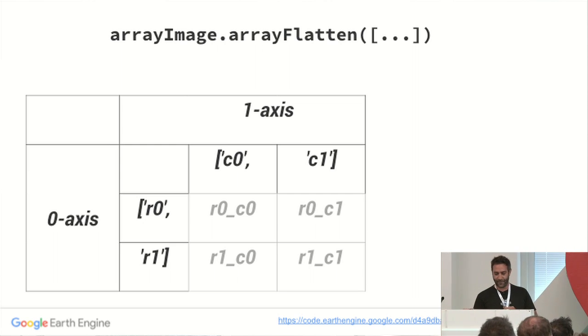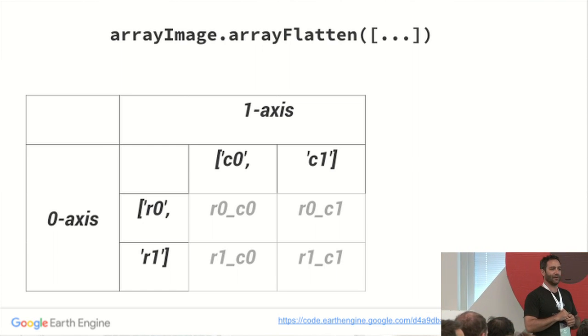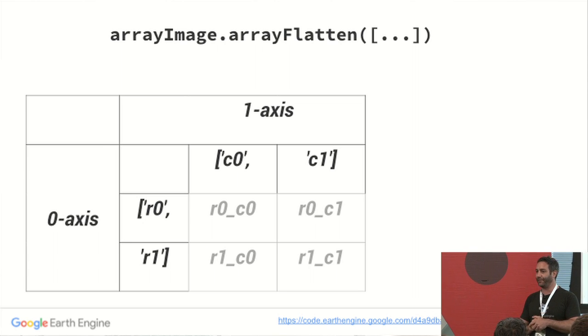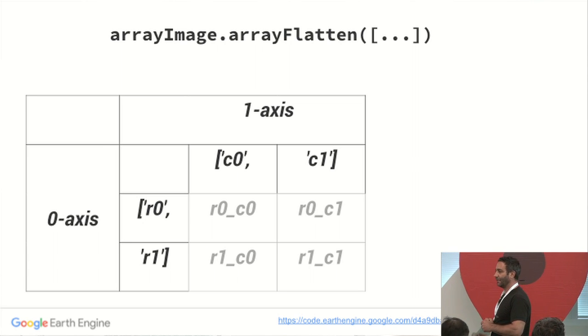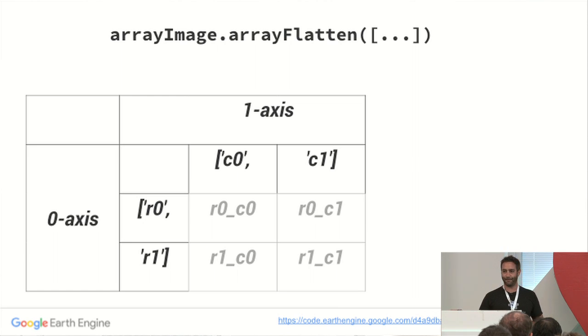If you name the 0 axis R0 and R1 for row 0 and row 1, and you name the 1 axis C0 and C1 for column 0 and column 1, then Earth Engine is going to concatenate those band names with a little underscore, and you're going to get a 4-banded image out of this with these names. That's why you need to give it multiple lists inside array flatten, one for each axis, so Earth Engine can figure out what to name the bands that come out the other end.